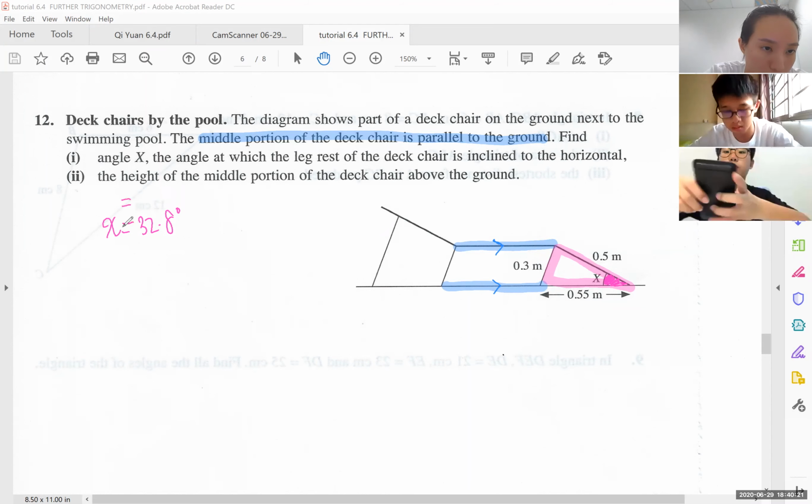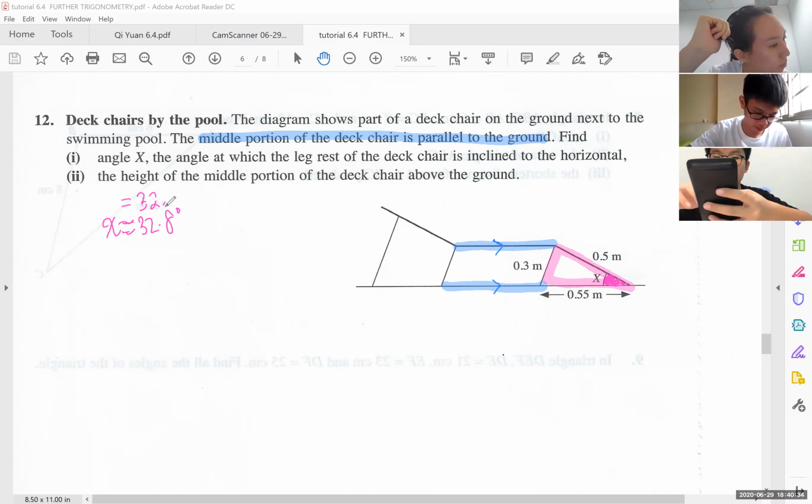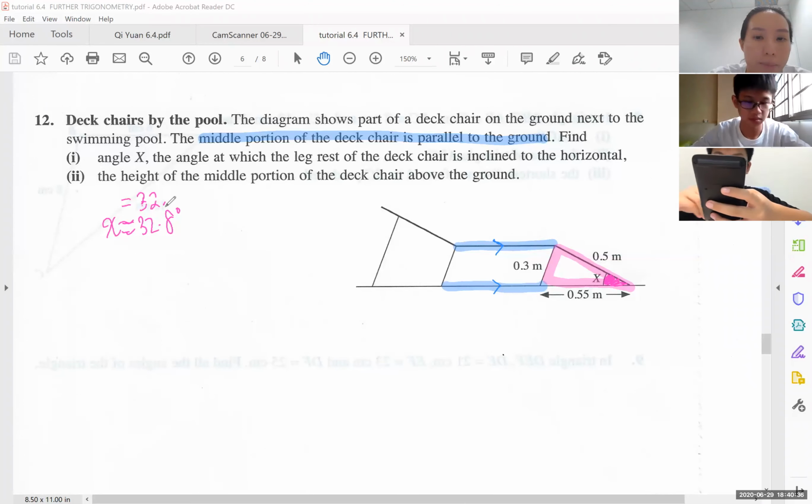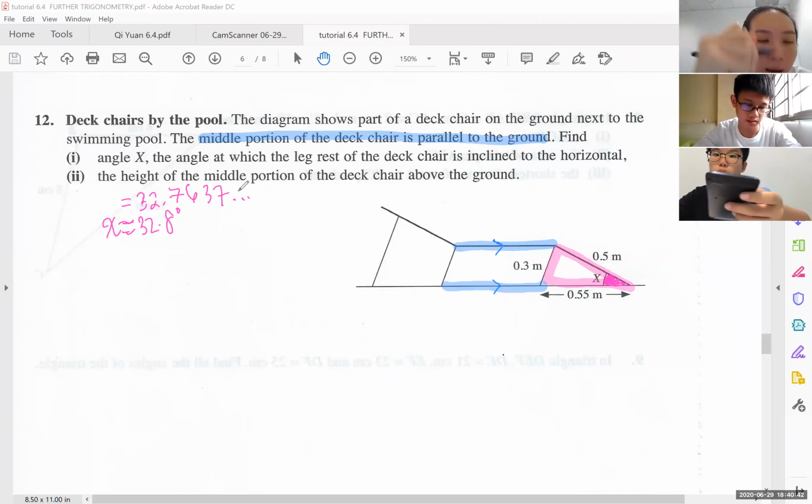What's X? Inverse cosine. It's 32.763757776, blah, blah, blah.